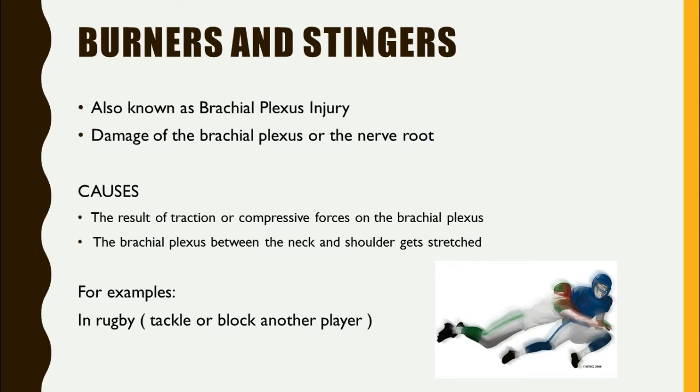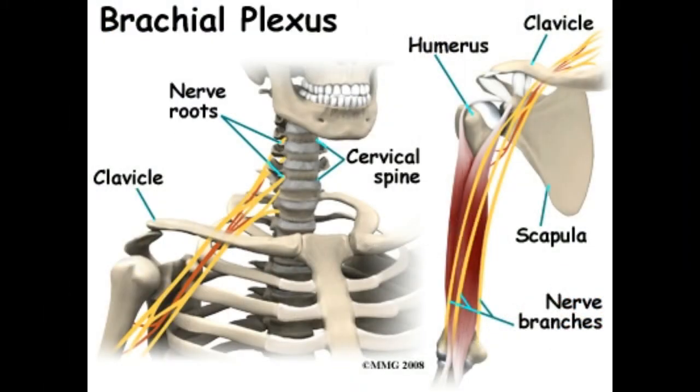The brachial plexus between the neck and shoulder gets stretched. For example, burners and stingers happen in rugby when tackling or blocking another player. The anatomy of burners and stingers.